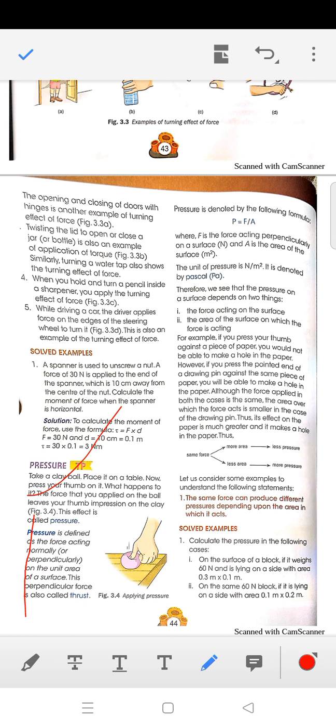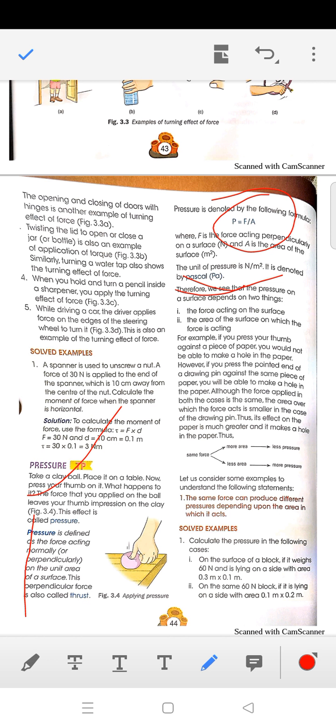The force acting on the surface normally is called thrust. So we can also say, in short, that pressure is thrust per unit area, and that is why the formula is P equal to F by A. Okay? The unit of pressure is Newton per meter square, or we call it in short Pascal.